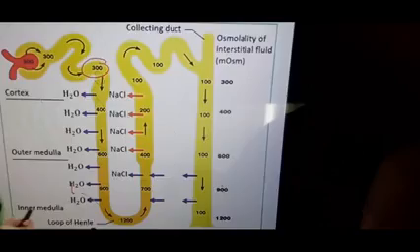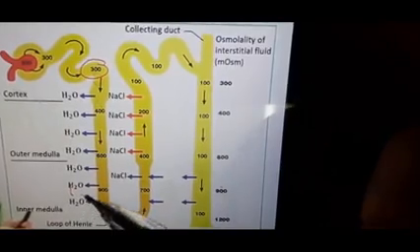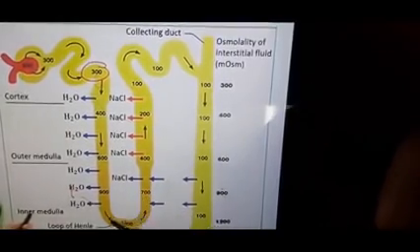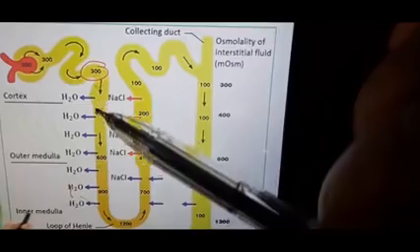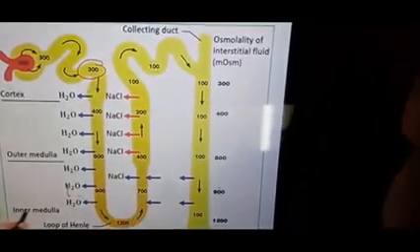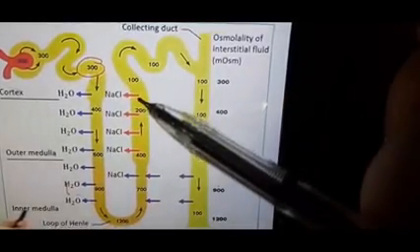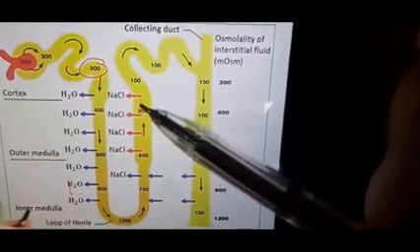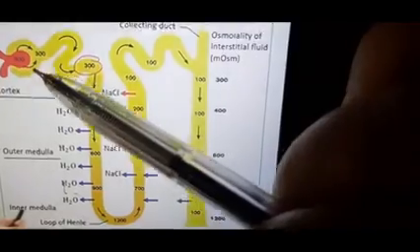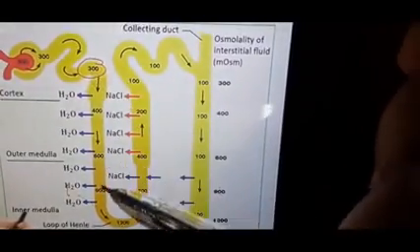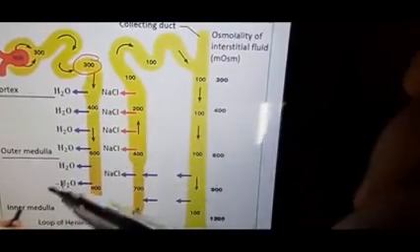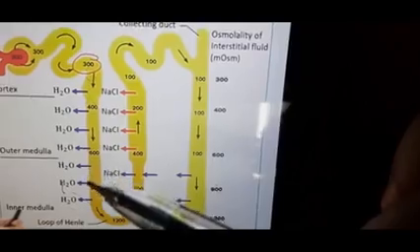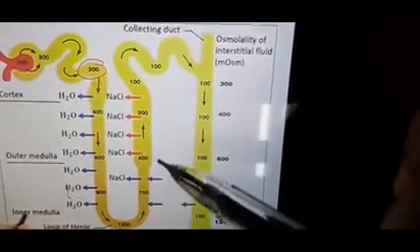In the two limbs of loop of Henle, filtrate flows in opposite direction. This is the descending direction and this is the ascending direction. So the filtrate is flowing in opposite directions in the two limbs. So this forms a counter current.